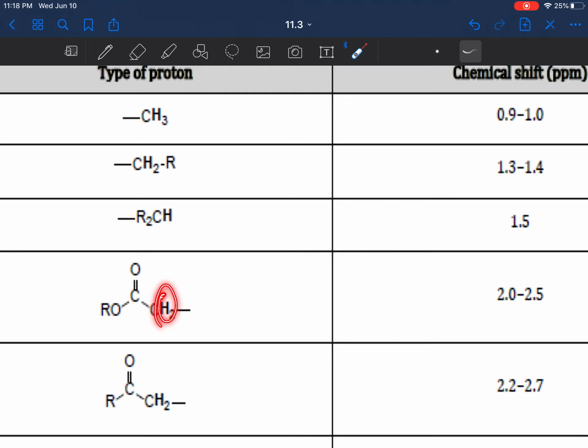If you're looking at this hydrogen, which is part of an ester, hopefully you see that this is an ester, and this carbon is bonded to the carbon that is bonded to a double bond O and an O. So these hydrogens will have a peak at 2 to 2.5.